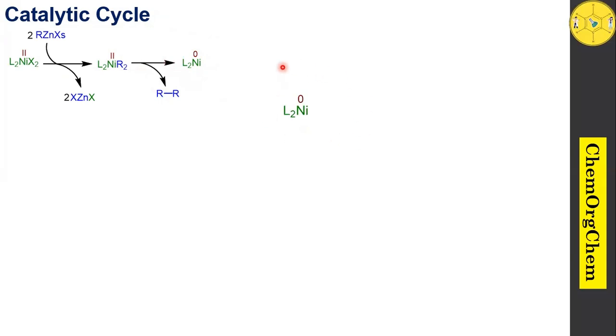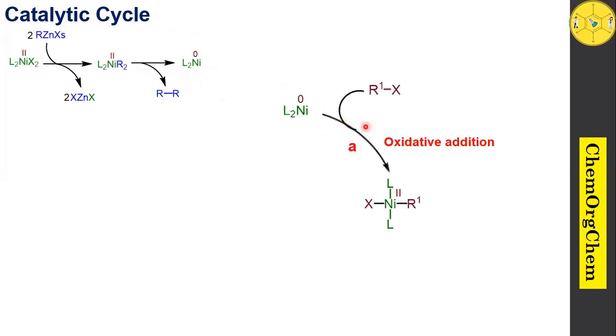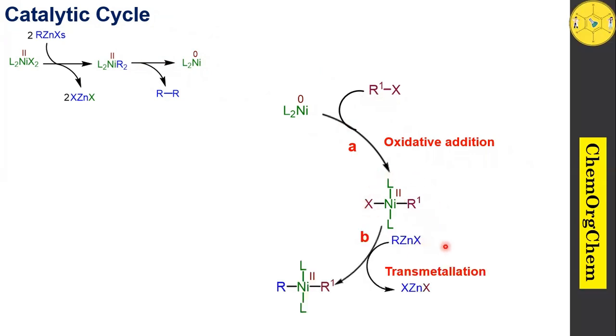Once you generate the nickel(0) species, it readily undergoes oxidative addition with either organotriflate or organohalide to produce the corresponding nickel(II) complex, which then readily undergoes transmetalation with the organozinc reagent.